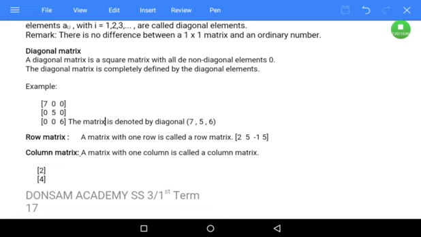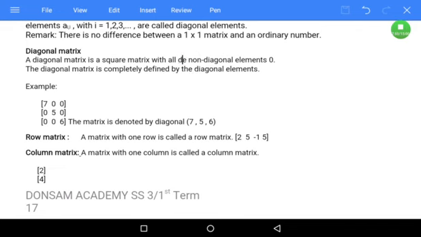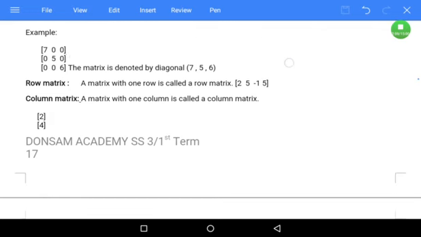A diagonal matrix is a square matrix with all the non-diagonal elements as just 0. The diagonal matrix is completely defined by the diagonal elements. So the elements in the diagonal matrix must always be found in the main diagonal. Do you understand?